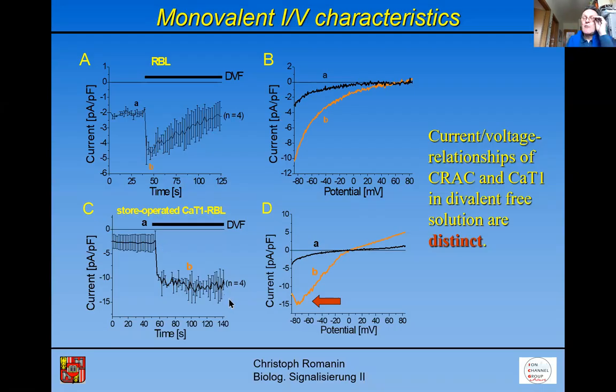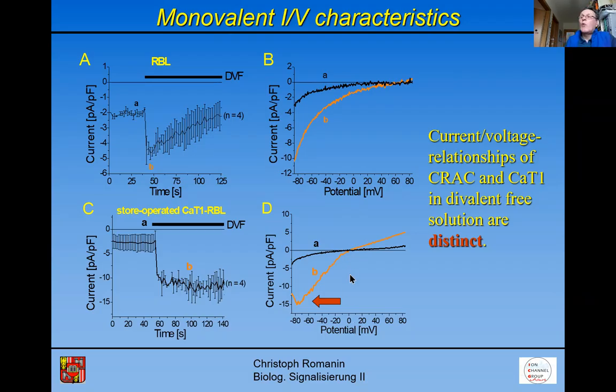But what is dramatically different is that a U-shaped form is apparent here. When we do a current voltage relationship, you can see there is a U-shaped form at the beginning, and then it has a different form, and additionally the reversal potential is shifted from a high positive reversal potential to about 0.